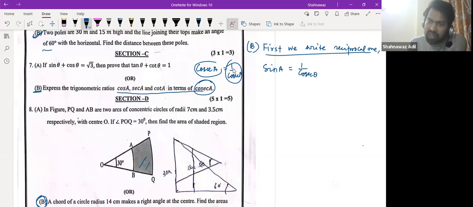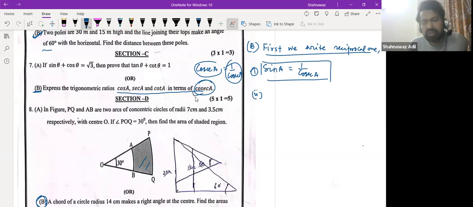So you have written sine in terms of cosec, right? And then you can write the identity one. What is the identity related to cosec A? What was the identity?